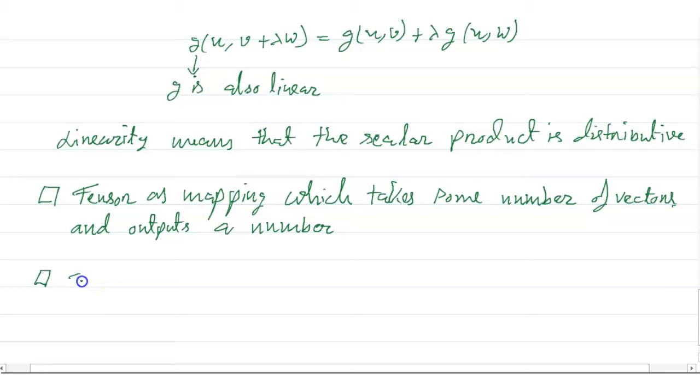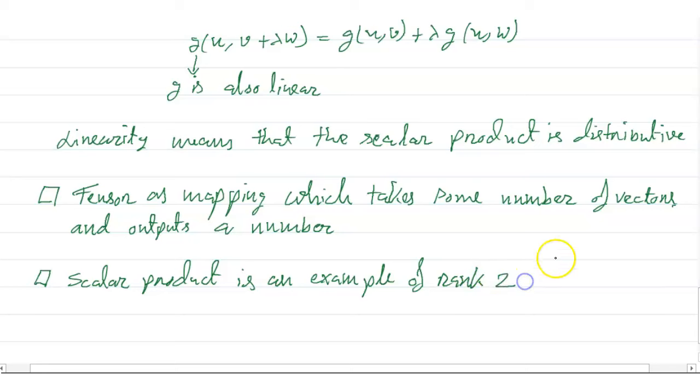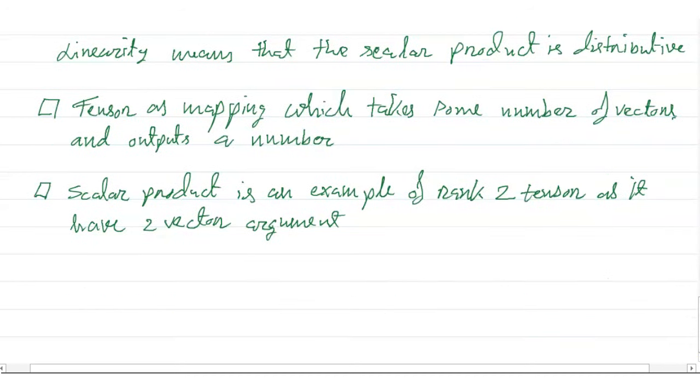Scalar product is an example of rank 2 tensor, as it has two vector arguments. This particular tensor representing scalar product is the metric tensor.